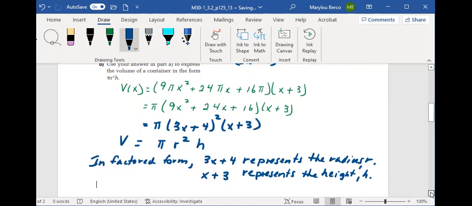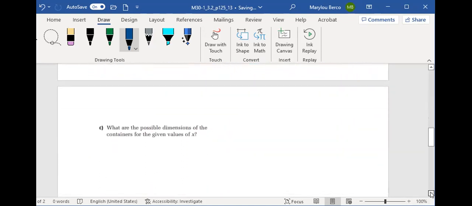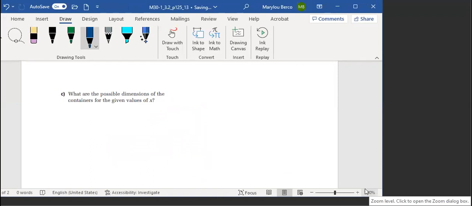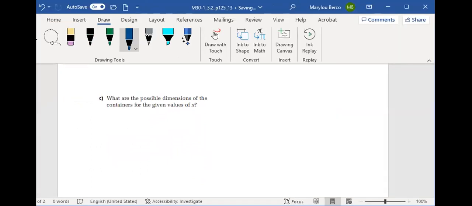Okay, part C. What are the possible dimensions of the containers for the given values of x? Okay, well, we were given that x is between 2 and 8.